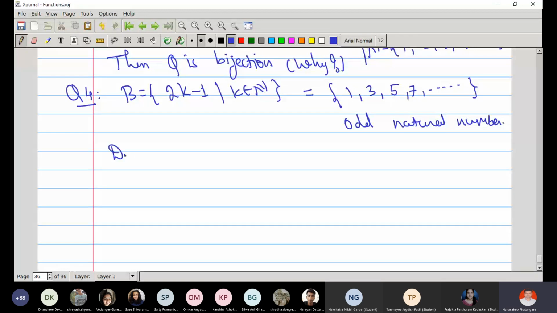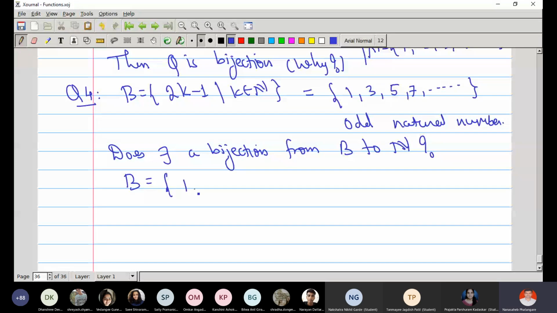So does there exist a bijection from B to N? Does there exist a bijection from B to N? No, sir.